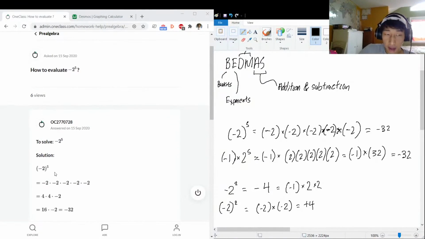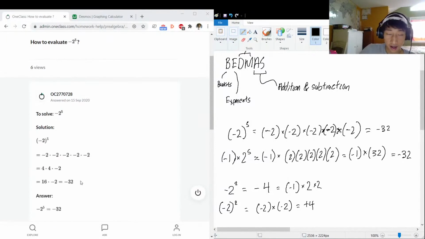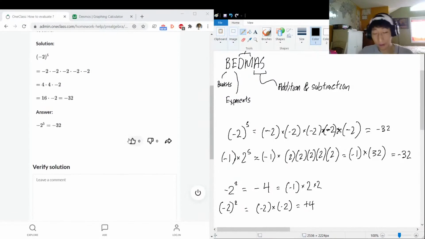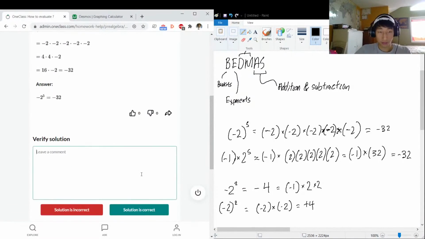The solution that we have here, unfortunately, is not correct because BEDMAS is ignored. So unfortunately, I do have to mark this question as incorrect. The above solution is incorrect.